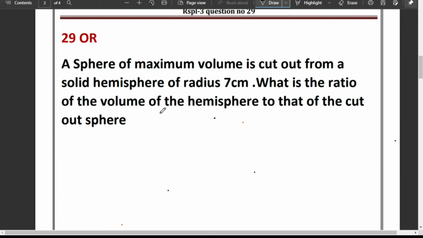So first you need to understand the question. Hemisphere, its radius r is 7 centimeter. Now in this one a sphere of maximum volume has been cut out.